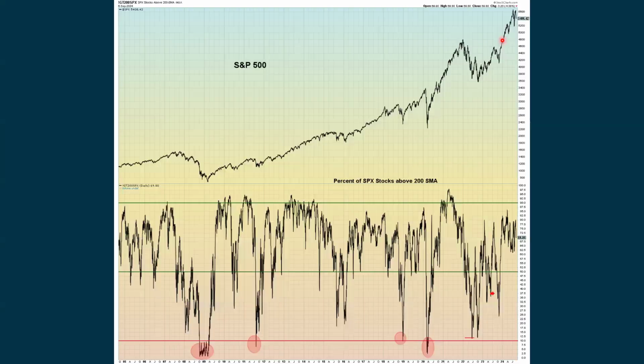The first, I have two studies that look at the percent of stocks in the S&P above their 200-day moving average. This one I don't show as much because it's set up more like an oscillator. We look for an extreme positive or negative reading, which we're not seeing right now. Even though we're declining, which is negative, we're still above 50, so that is positive.